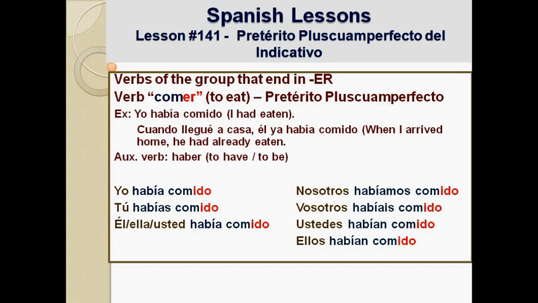Nosotros habíamos comido, we had eaten. Vosotros habíais comido, you had eaten, you plural. Ustedes habían comido, you had eaten, you plural. And ellos habían comido, they had eaten.